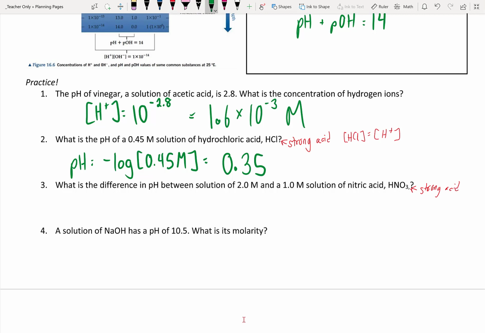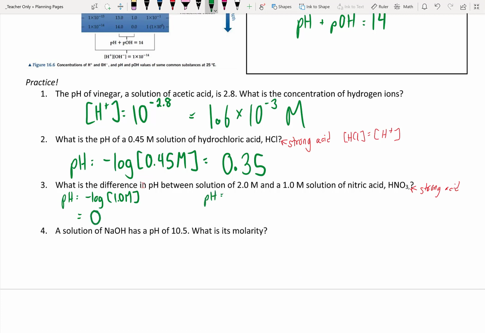So for the pH of the 1 molar solution, we get a pH of, am I doing the negative log of 1? Yes. 10 to what power is 1? Yep, that would be 0.